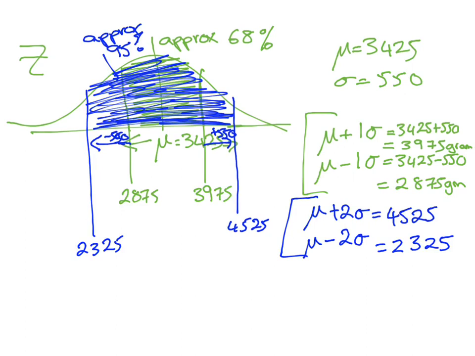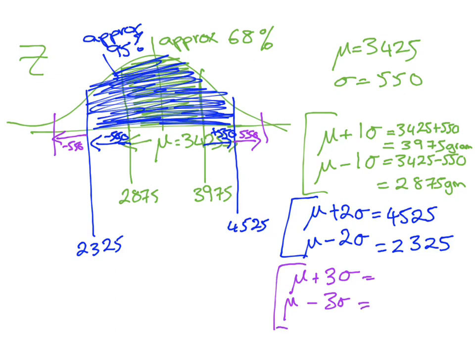Now what I need to do is I'm going to do one more. So I'm going to do plus or minus 3 standard deviations. Okay, so I'm going to do the mean plus 3 standard deviations. So I'm going to go up another 550. And I'm going to do mean minus 3 standard deviations. So I'm going to go down another 550. Okay, and when I work those out, I will get 5,075 and 1,795.